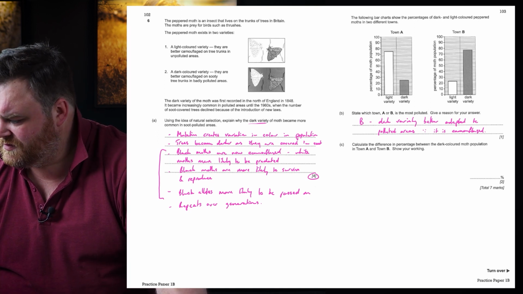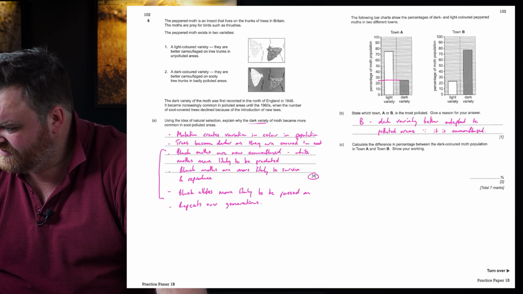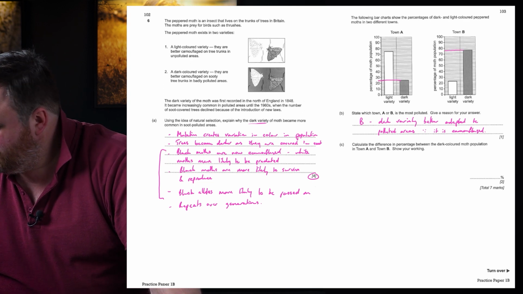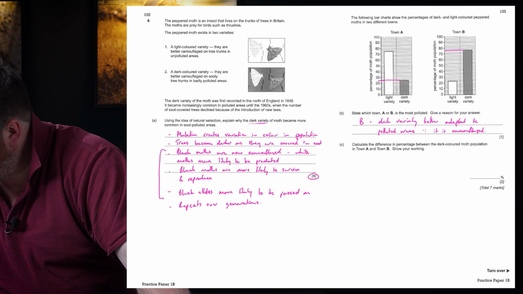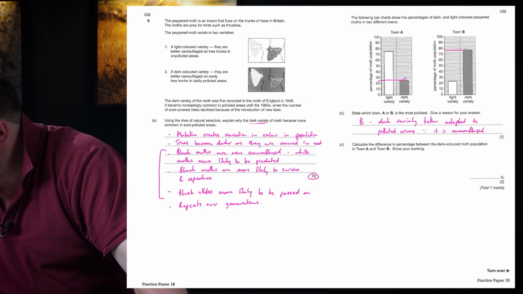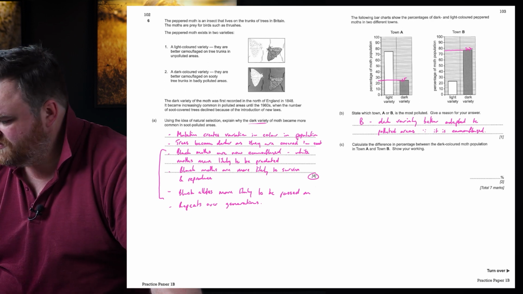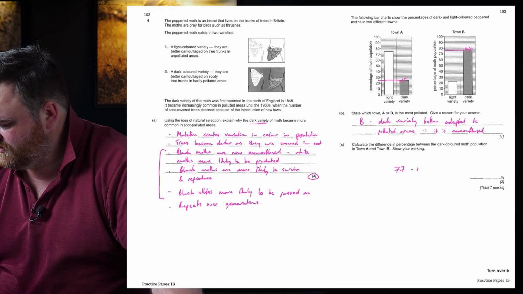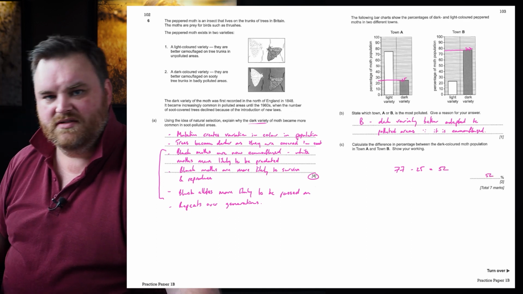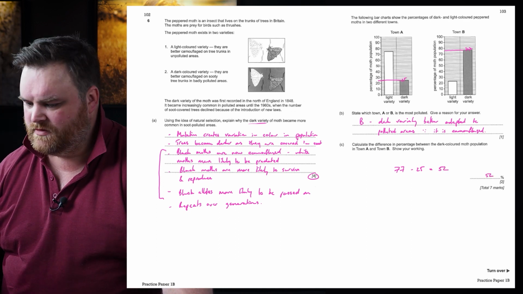We want to know the difference between this percentage, when we read that off there, and this percentage, when we read that off there. This one is 25 and this one is 70, it's just above that line, so that's 77. So it's just 77 minus 25 and 52% therefore for our 2 marks in there. Okay, that's question 6, on to 7.